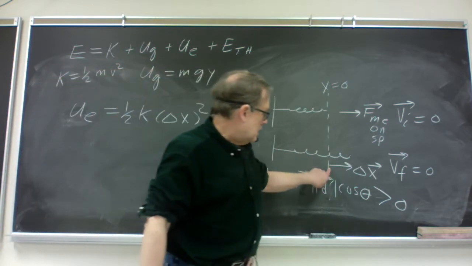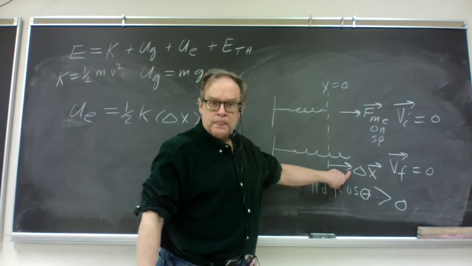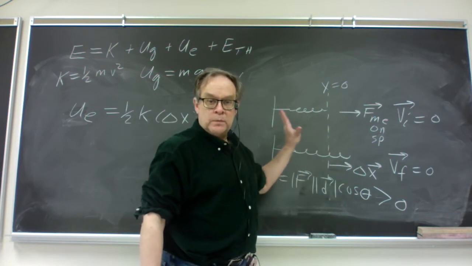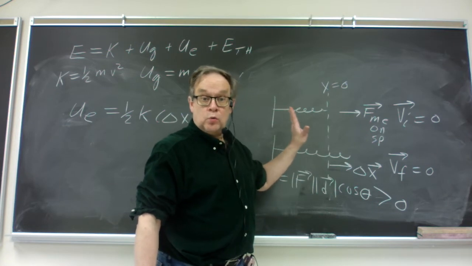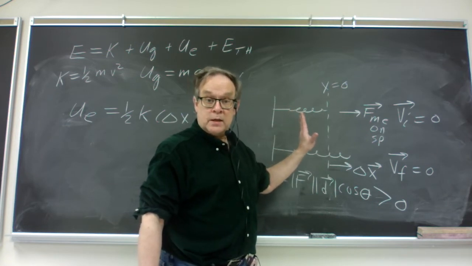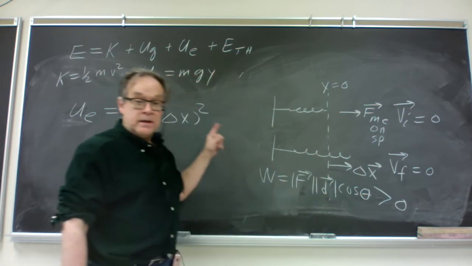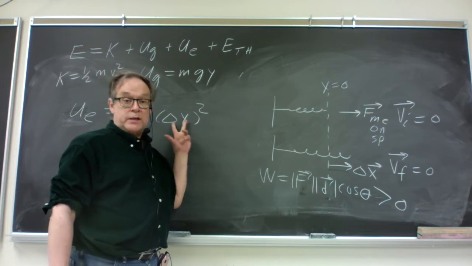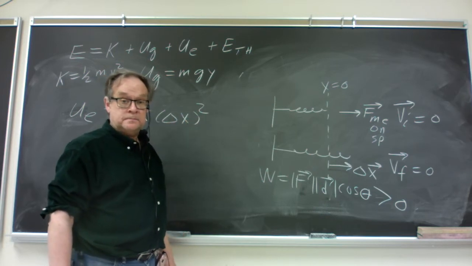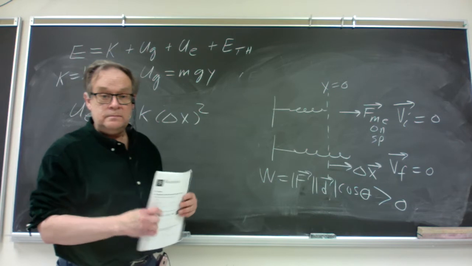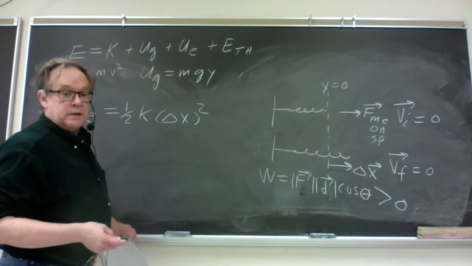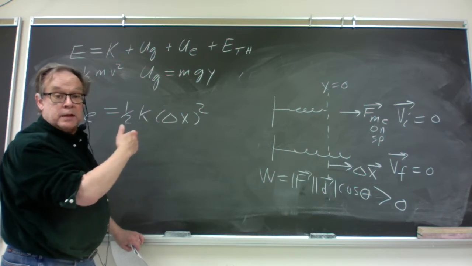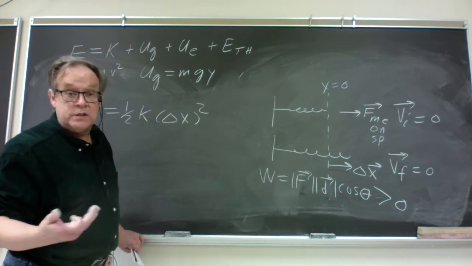So however far away from the normal resting undisturbed state I pull the spring, that is the displacement that goes right here. And notice that as I pull farther and farther, the elastic potential energy increases faster and faster.